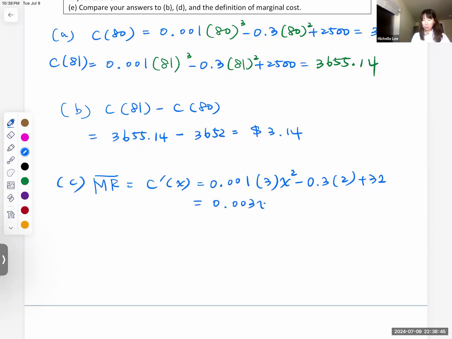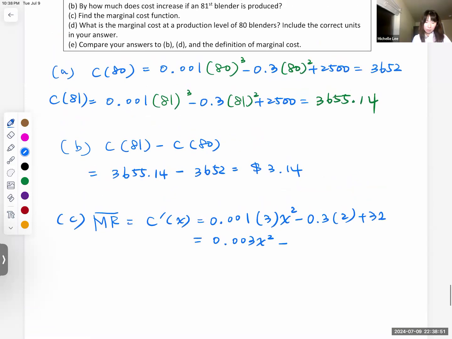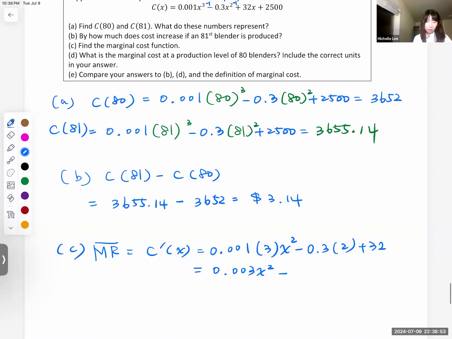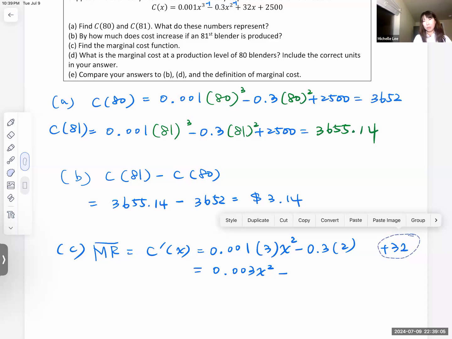0.003 x to the second power minus, oh, missing something, huh? X, missing X. Because we drop the power, second power, so 2, reduced by 1.